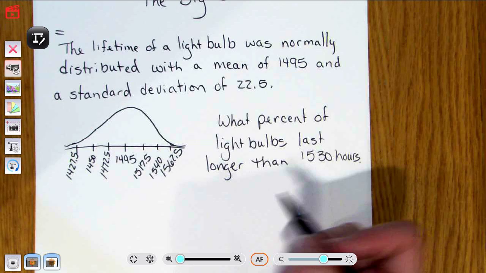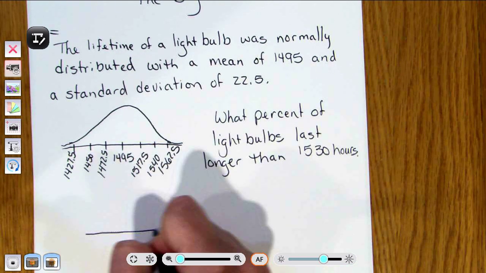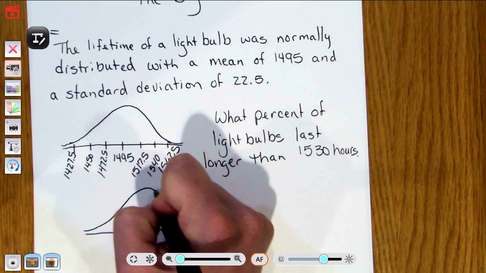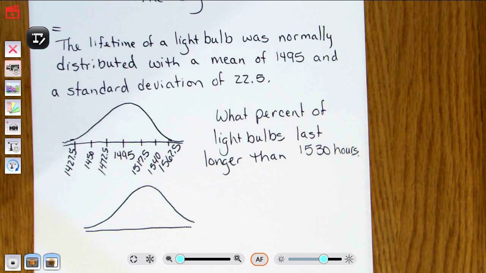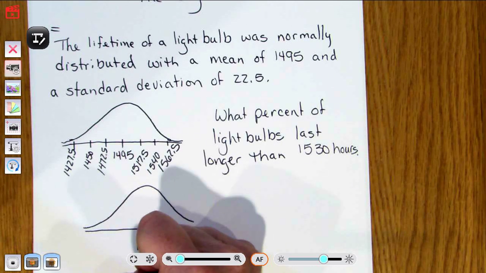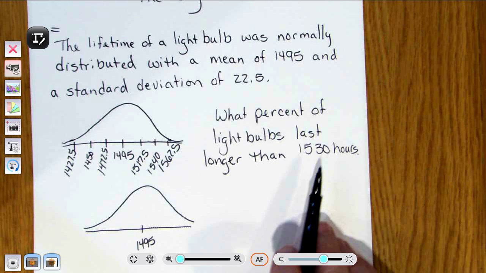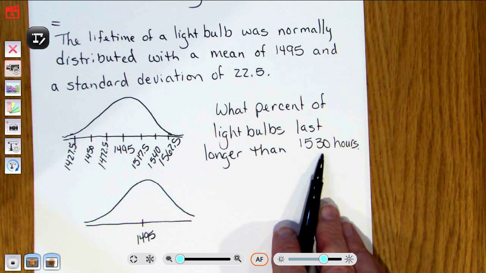To do this, I'm going to always draw my pictures. I'm going to draw another uncluttered picture, and I always put my middle in here as a reference. So I want to put in that 1530.